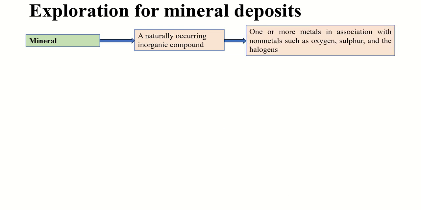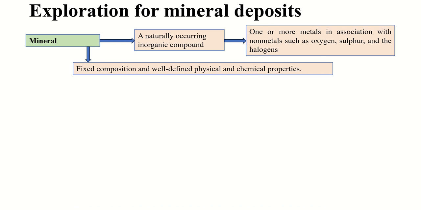First, we discuss minerals. Minerals are naturally occurring inorganic compounds which consist of one or more metals in association with non-metals such as oxygen, sulfur, and the halogens.